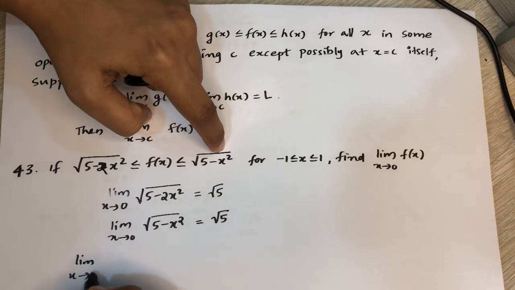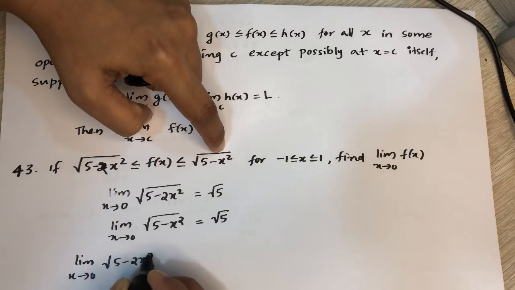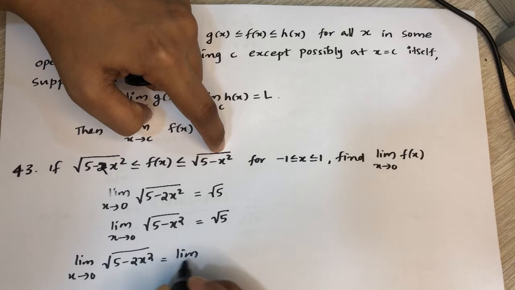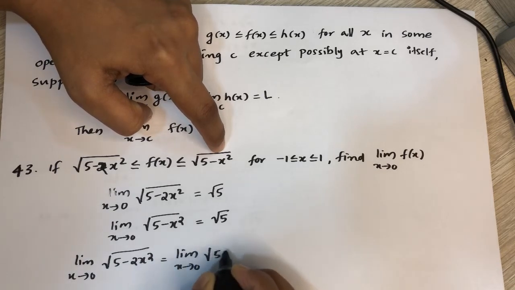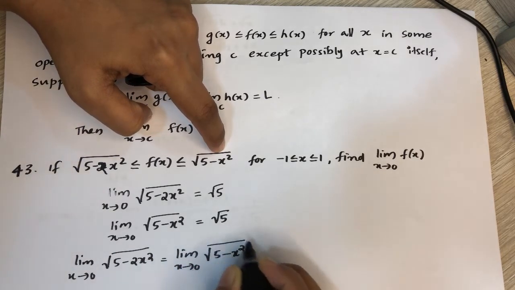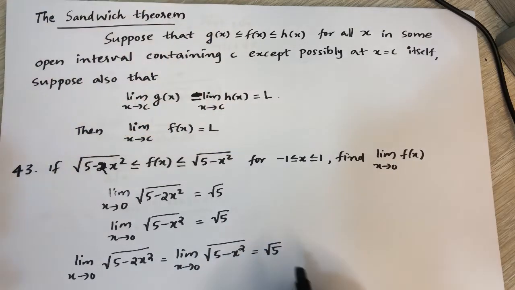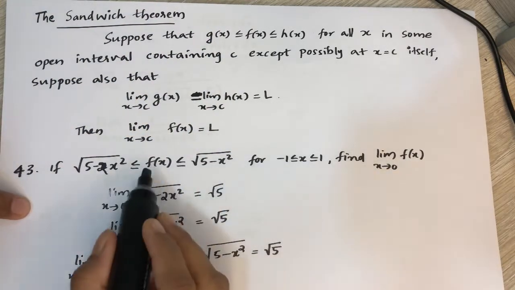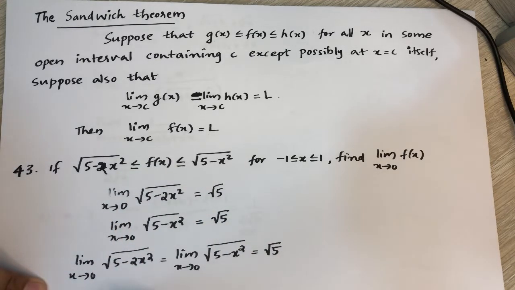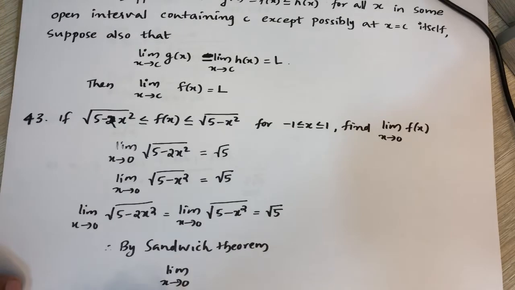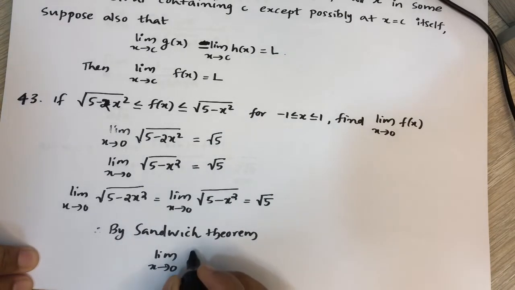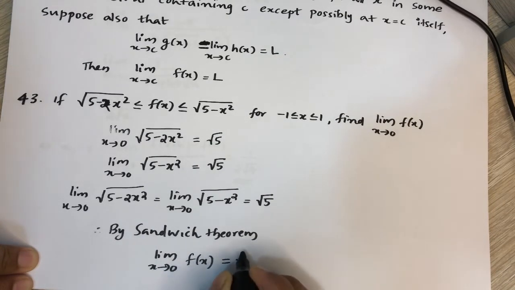Limit x tend to 0 root 5 minus 2x square equal to limit x tend to 0 root 5 minus x square equal to root 5. Therefore, by sandwich theorem, limit x tend to 0 f of x is equal to root 5.